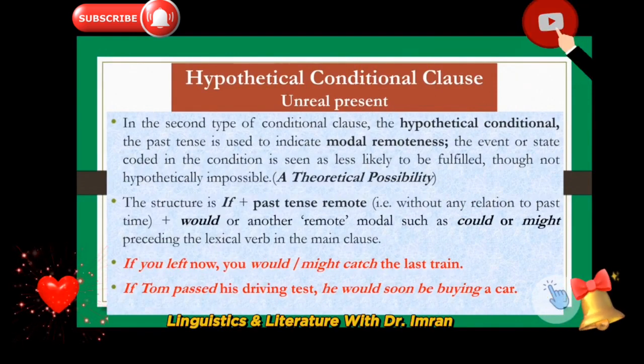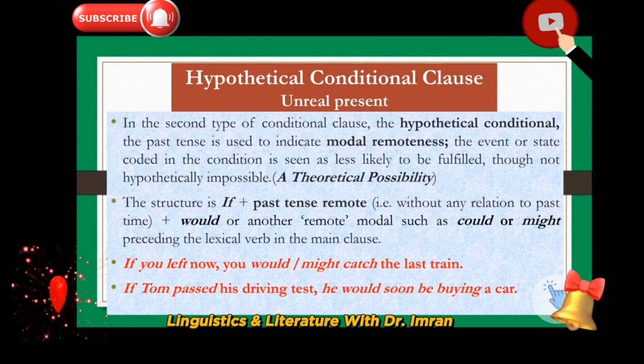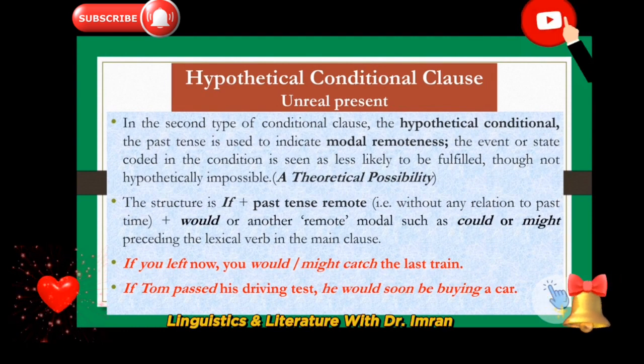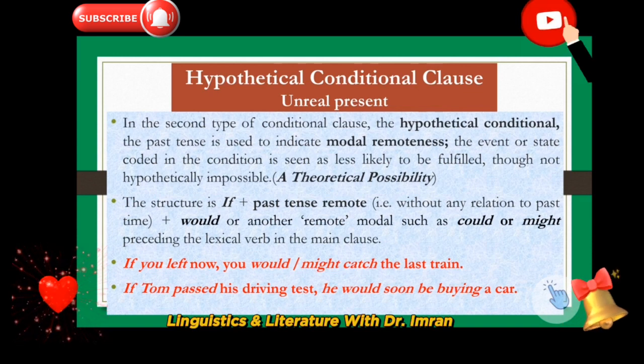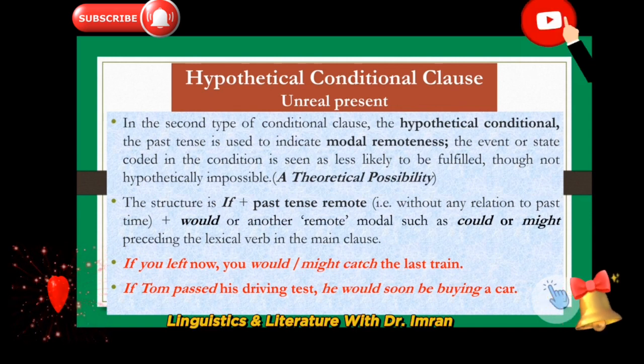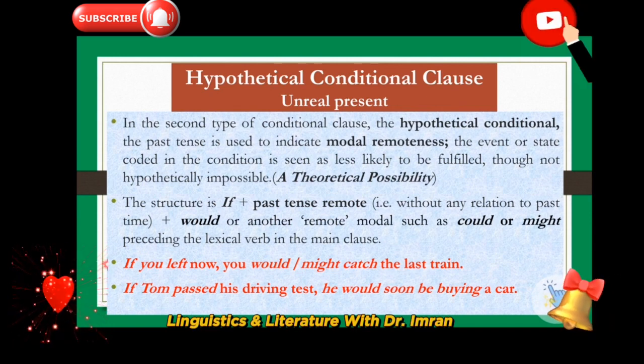Hypothetical conditional clause. This clause is technically and linguistically called hypothetical conditional clause. In everyday life situation, we call it type 2 unreal conditional clause in present. If you remember, in our previous lecture, we talked in detail about type 1 real conditional clause, where in result clause, something may happen or may not happen.